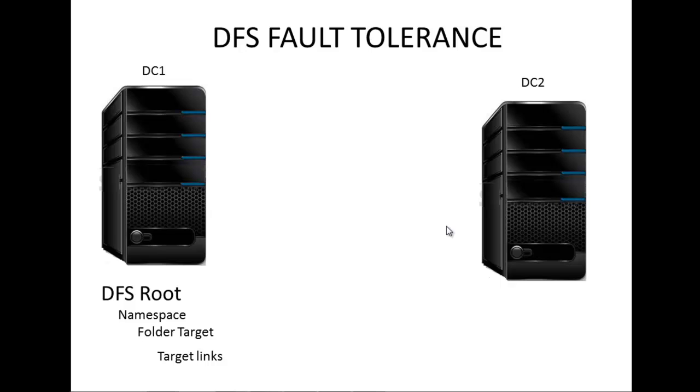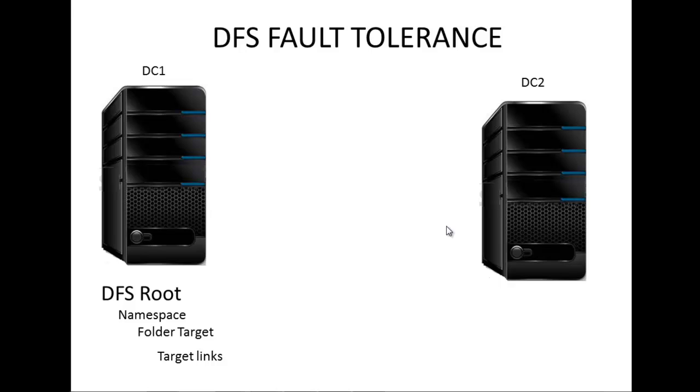In other words, we want to have a backup. If that namespace server goes down, we still want our users to be able to access their shared folders. Now, there are two kinds of fault tolerance available for DFS namespaces.